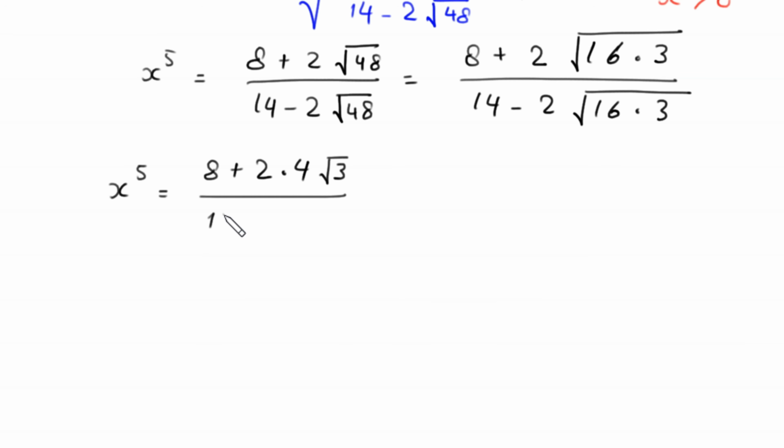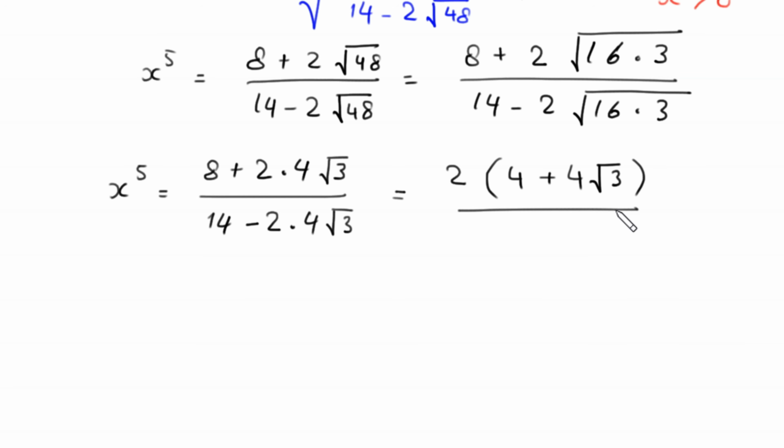From the numerator we can factor out 2, giving 2 times (4 plus 4 times root 3), and from the denominator we can factor out 2, giving 2 times (7 minus 4 times root 3). This 2 will cancel out with this 2.